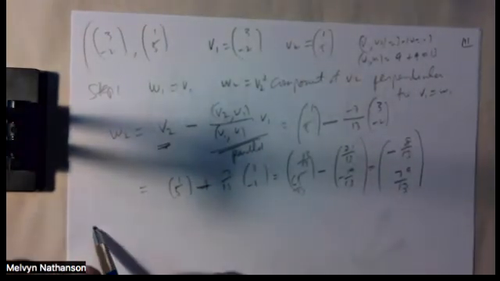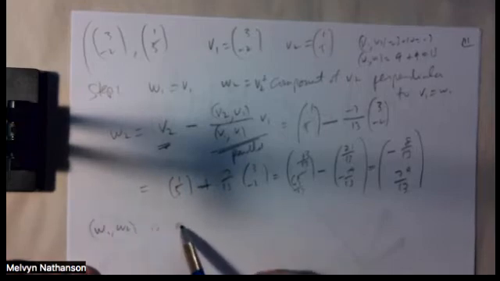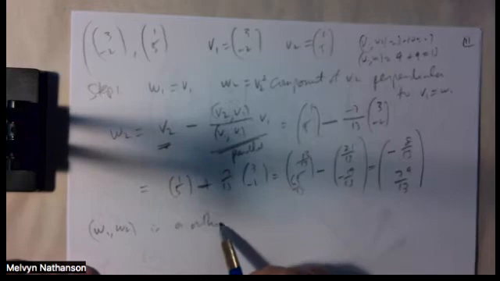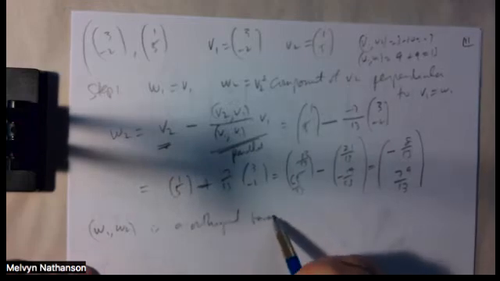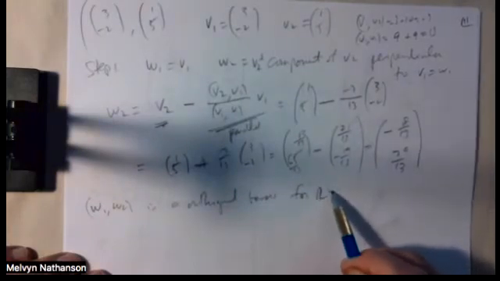So this is a vector W2, and so W1, W2 is an orthogonal, not yet orthonormal, but an orthogonal basis for R2.